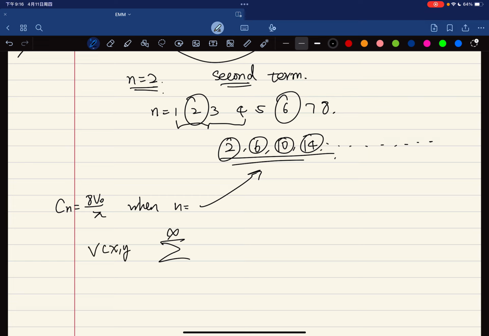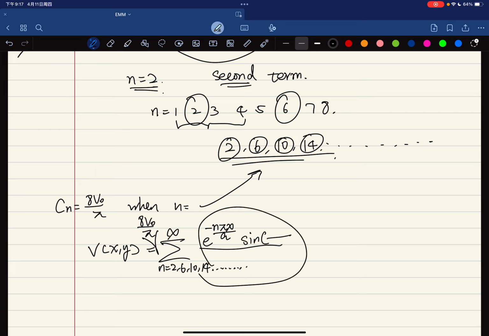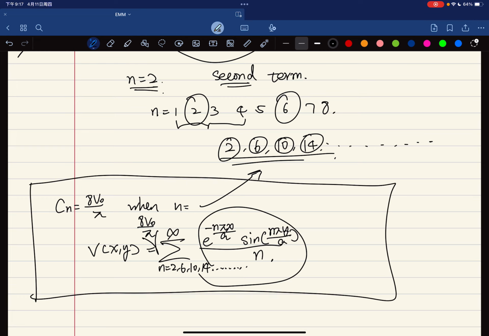So the general solutions equal to, n is equal to 2, 6, 10, 14 and so on, and we have our Cn. Oh, sorry, I should write Cn before the summation, but anyway. And the rest of the terms is just the things we already know from example 3.3. So if you're really confused about how these terms come about, please look back at my videos about example 3.3. It has everything. So now we reach our answer.